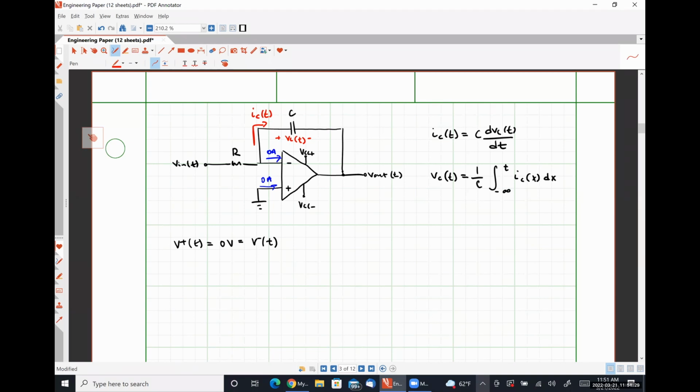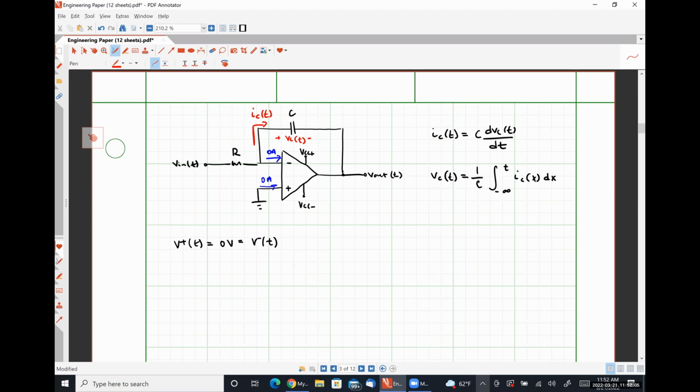So we're going to apply Kirchhoff's current law at our non-inverting input terminal, but we're going to do it a little bit differently than how we've done it previously. Instead of saying this current plus this current is equal to 0, we're going to say this current is equal to this current. Seems like an arbitrary decision, but I promise you it's going to make the math a little less wonkified here.